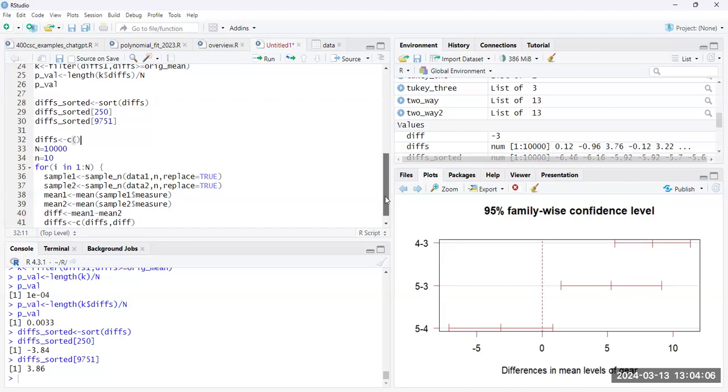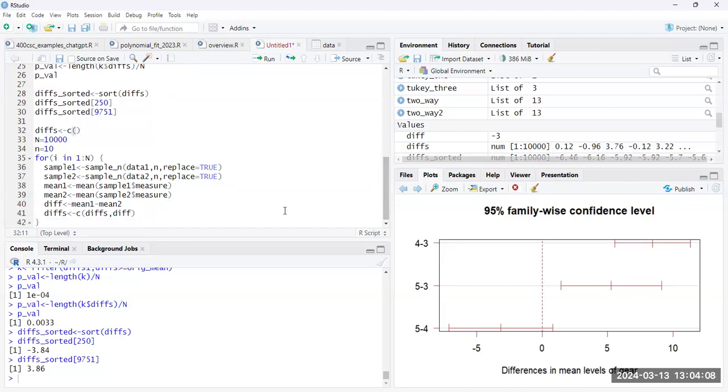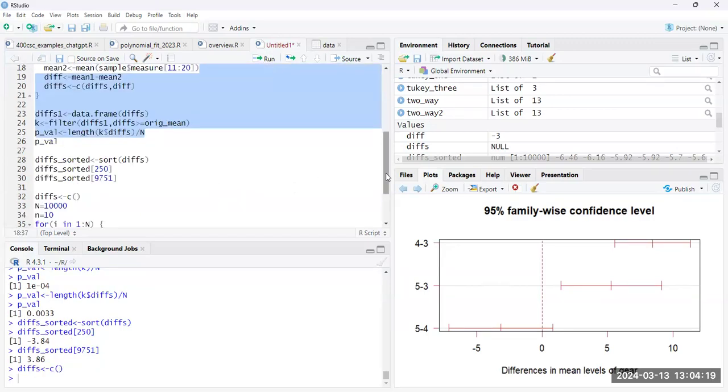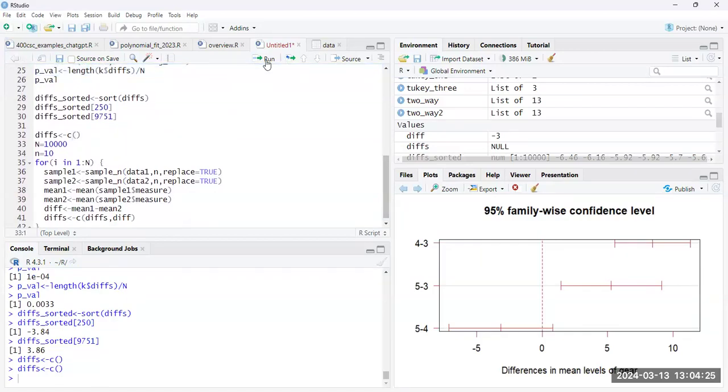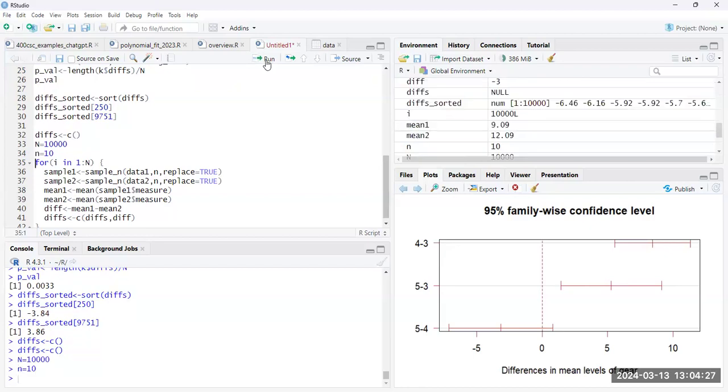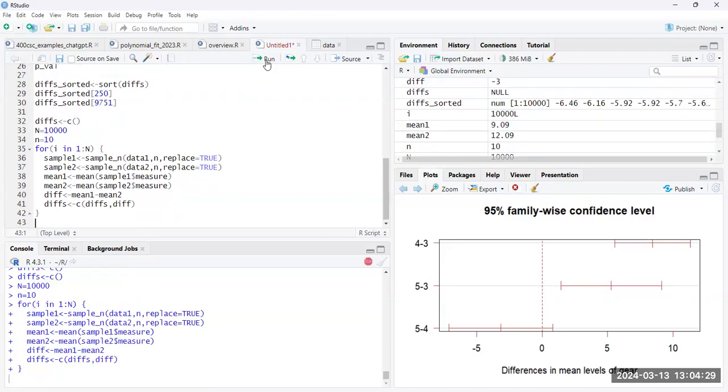So again, the permutations and the bootstrapping are similar, and the code is very similar, but they're not quite identical. And so if we run this, I will also just mention, you do have to make sure that you empty your differences vector, or it will just keep adding on.